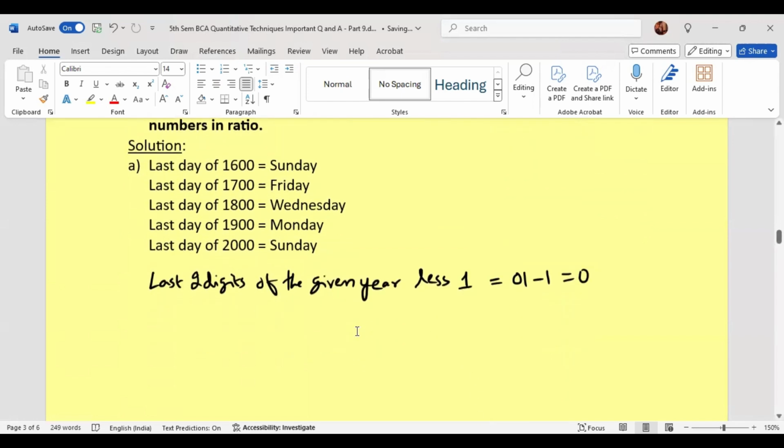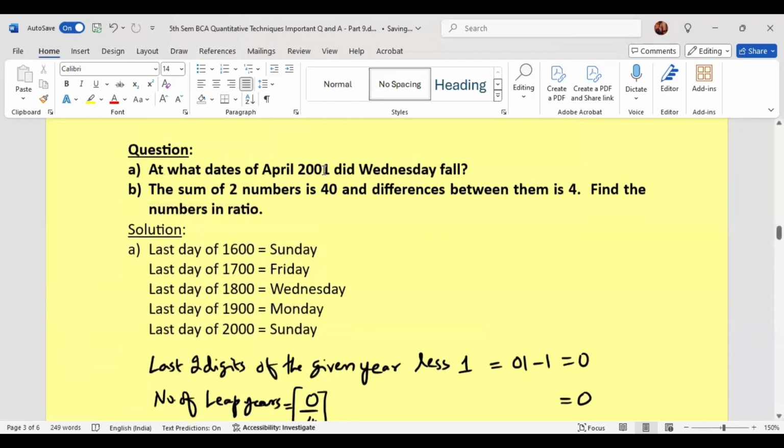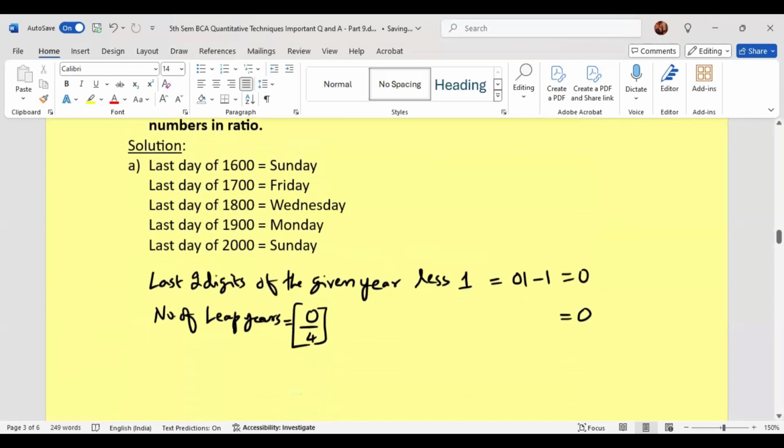Then we have to identify the number of leap years. Number of leap years is equal to the integer value of the previous number, that is 0, divided by 4. That will also be 0. It means that before April 2001, in that century, there are no leap years.